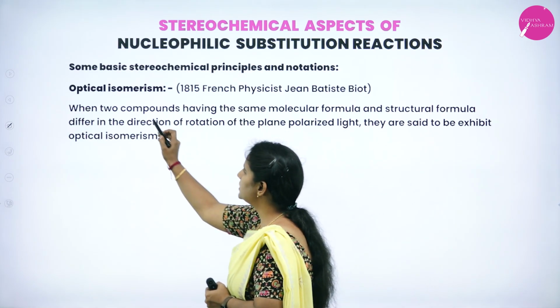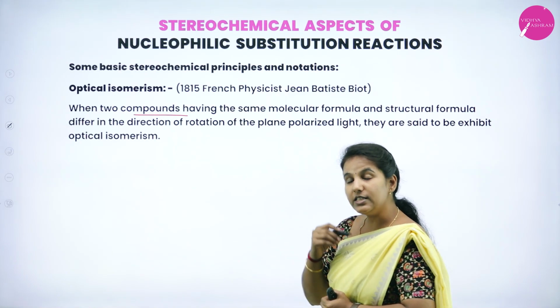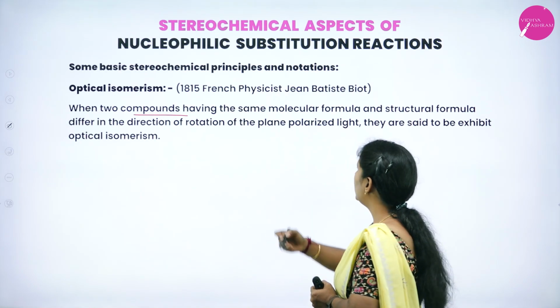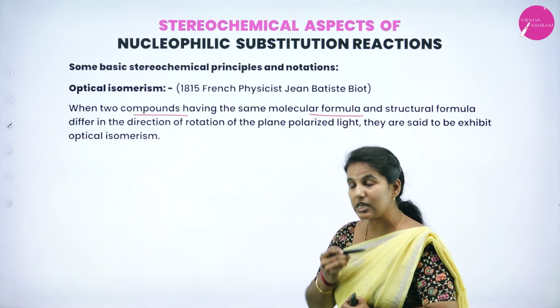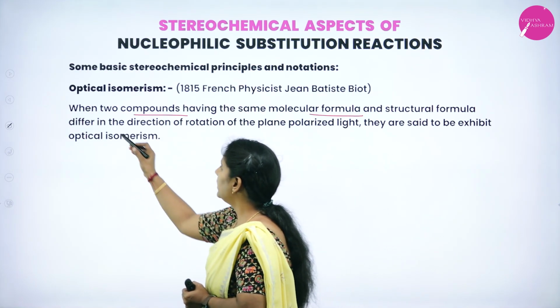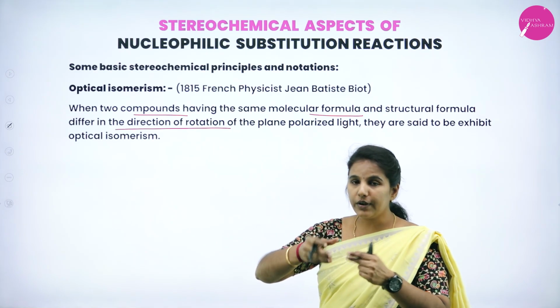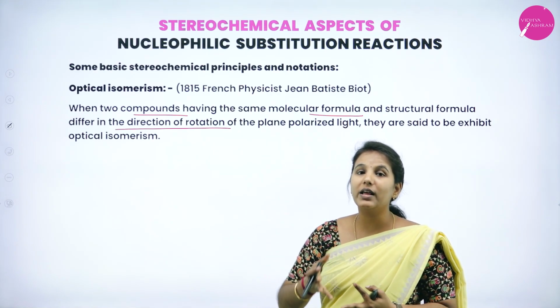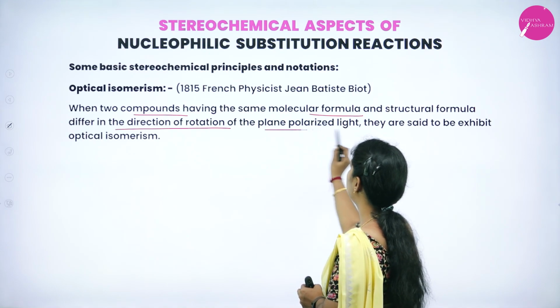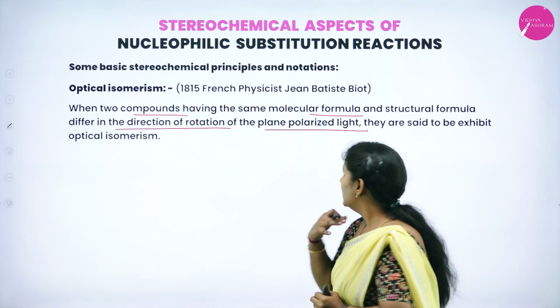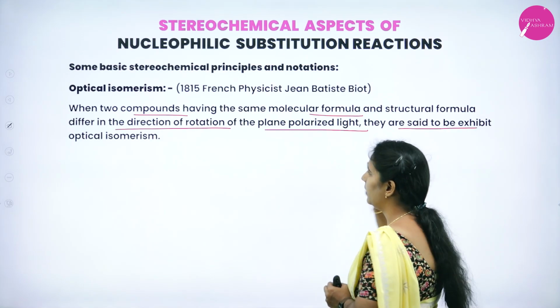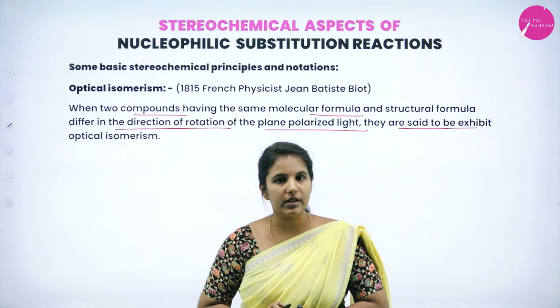If you consider two compounds which have the same molecular formula and also the same structural formula, but they differ in rotation of plane polarized light, such compounds are said to show optical isomerism.